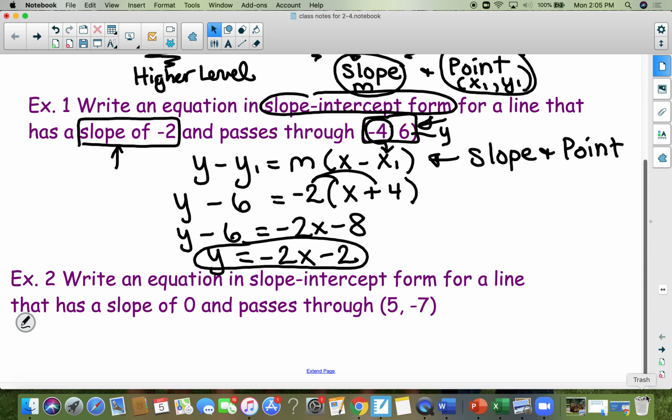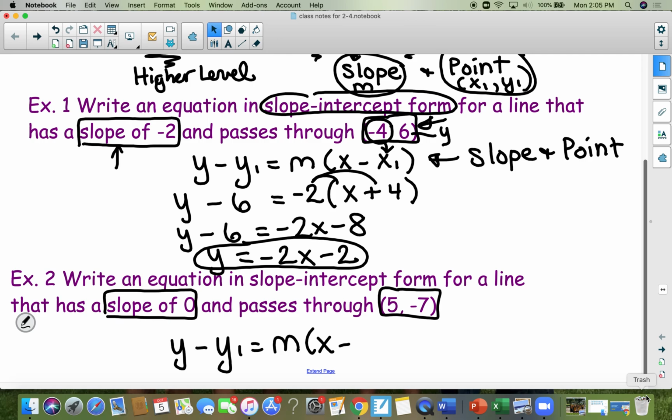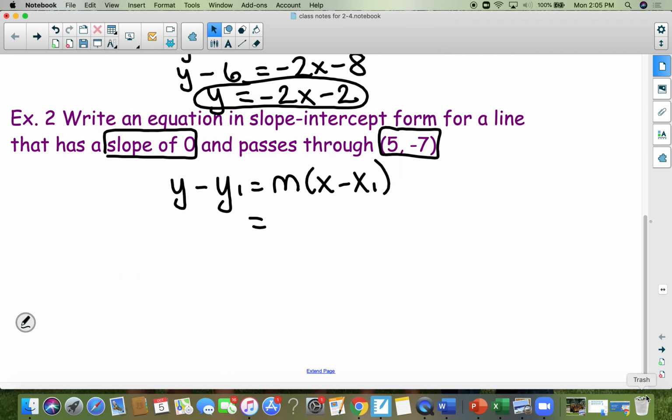Write an equation in slope-intercept form for a line that has a slope of 0 and passes through the point (5, -7). Okay, we're going to do y minus y1 equals m times x minus x1. In place of the m, you're going to put the slope, which is 0.